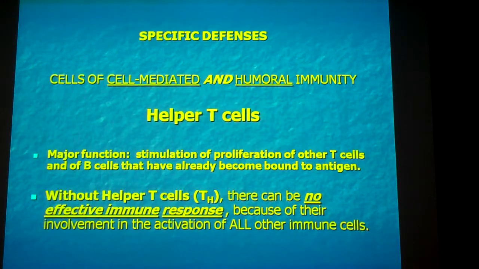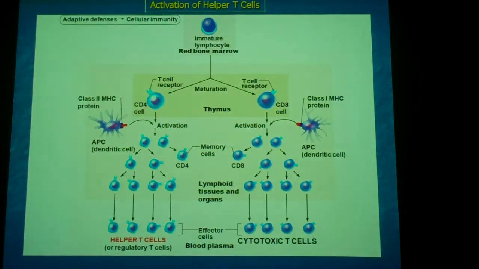Without helper T cells, there can be no effective immune response, because they're involved so intimately in the whole process. So here's the helpers over here.